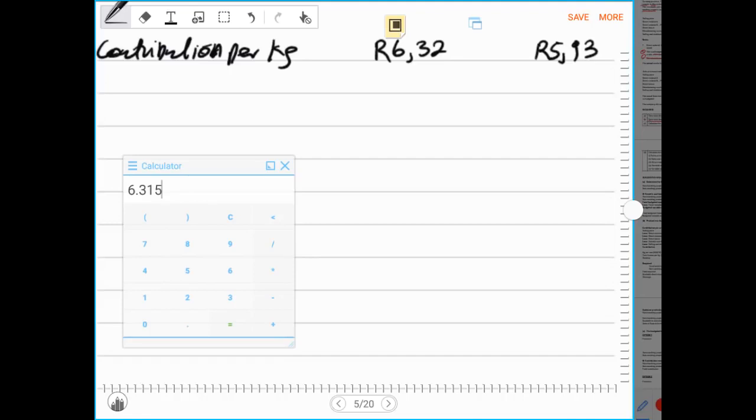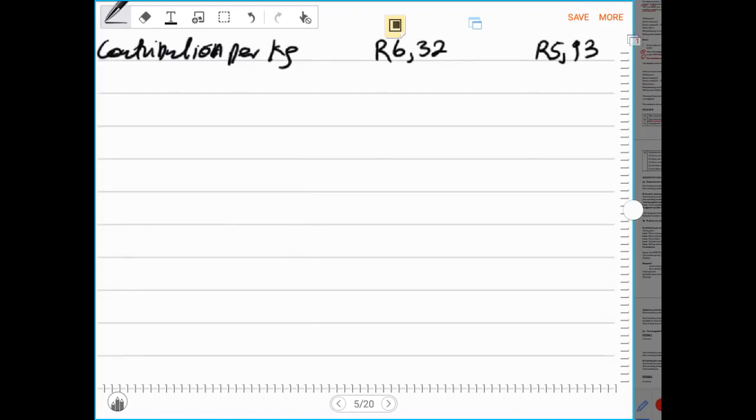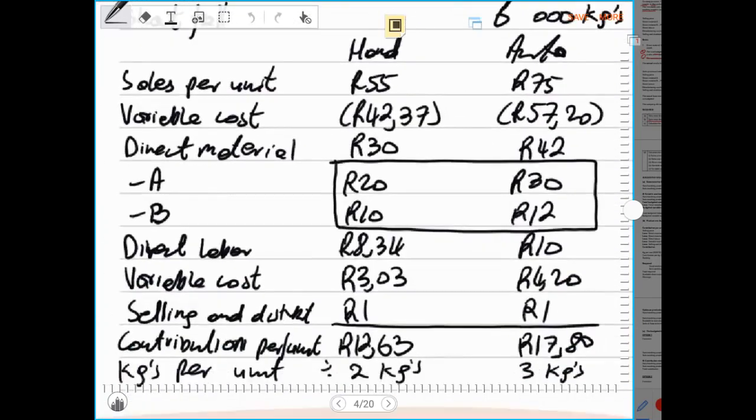And now after we have divided by the limiting factor per unit, we need to do the rankings of our product. After we do the rankings, then we can allocate the limited resources. Now, based on the contribution, let me just go back to the previous page first.